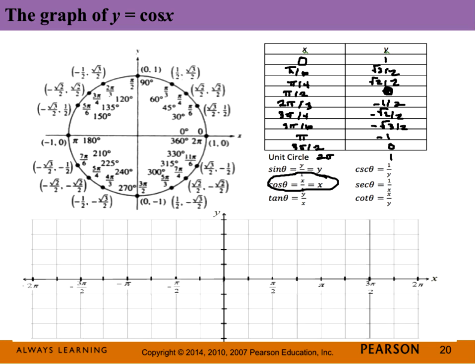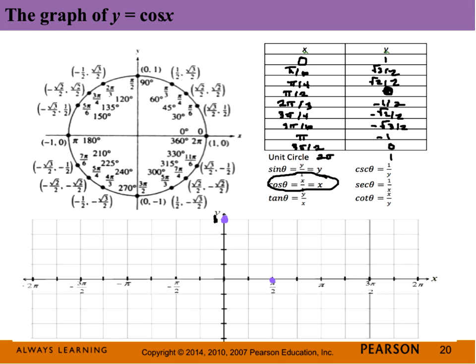And putting this on the graph, we have 0, 1. So I just went up 3 here. I can go up 4 just to make it nice and even. So let me get a different color pen. So we have 0, 1. And then I'm going to go ahead and jump to pi over 2, 0.